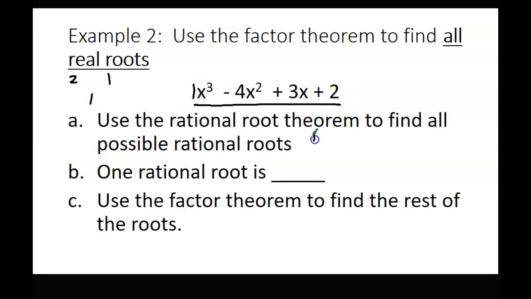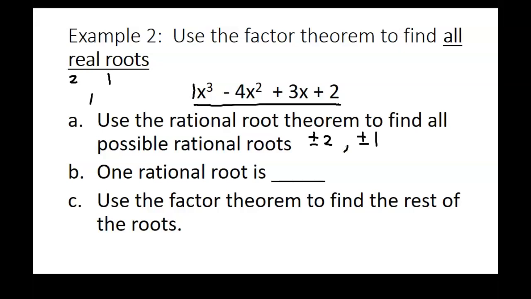So my only possible rational roots are plus and minus 1 and plus and minus 2. That's it. And then we would plug those in until we found one that makes 0. And I've already done that work for you. I'm going to tell you that 2 is one of the things that if you plugged it in, it would make 0. And now we're going to find the rest of the roots.